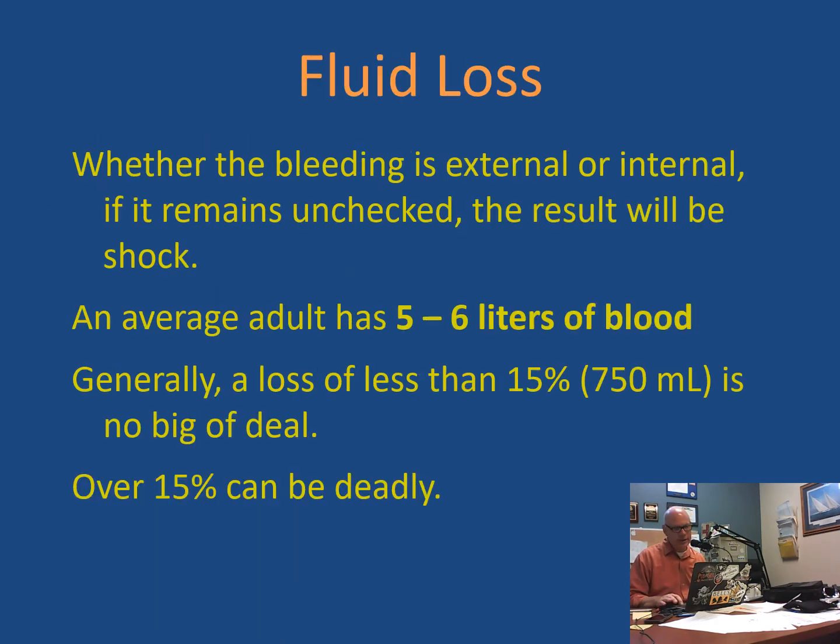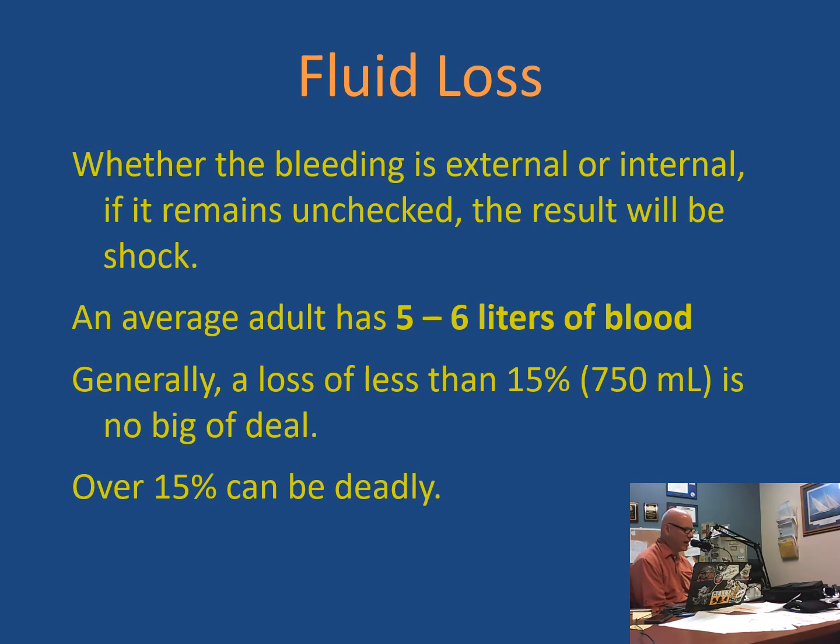So here, the first thing that we'll talk about just minimally is the average person has about 5 liters of blood. That person would be defined as a 175-pound college-age male. They have about 5 liters, and goes up from there, of course. So I would say I have about 6 liters because I'm a bit bigger than that.